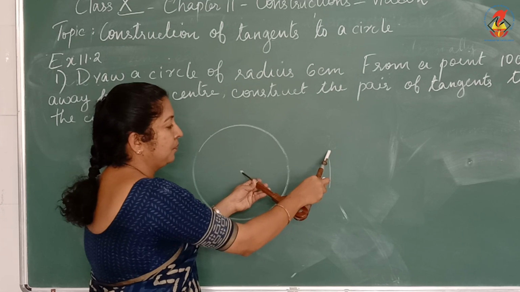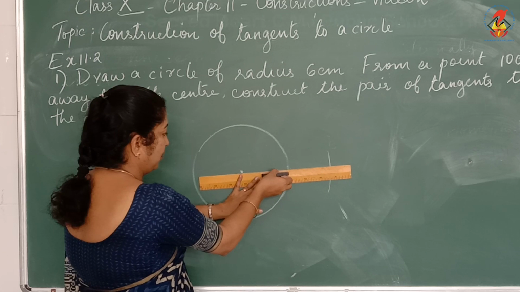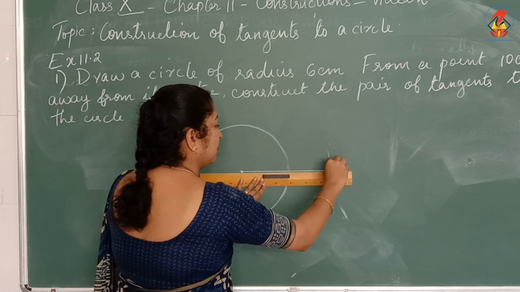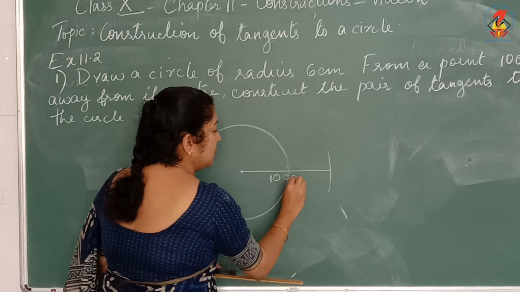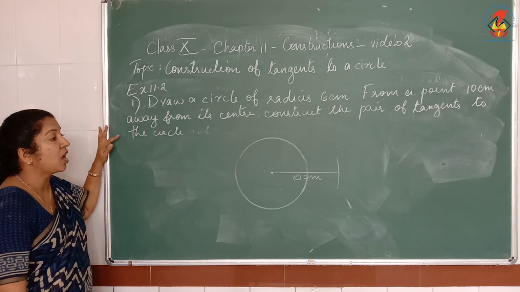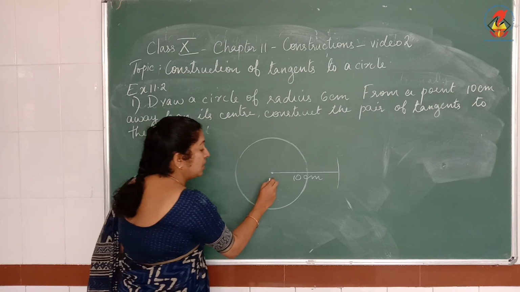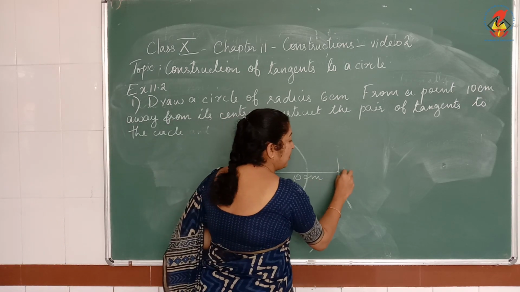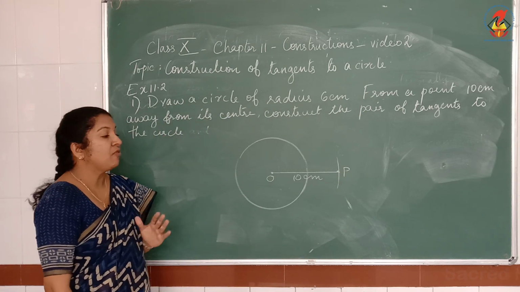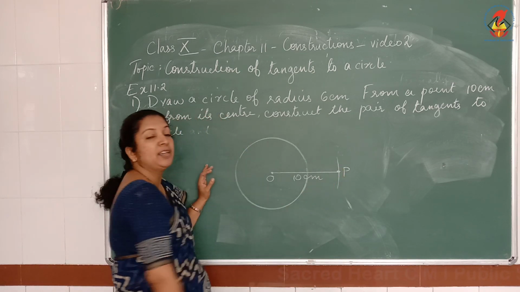So, just draw an arc like this and join these two. Mark this as 10 centimeter. I am marking this as O and this as P. From this point P, you have to construct the tangents.